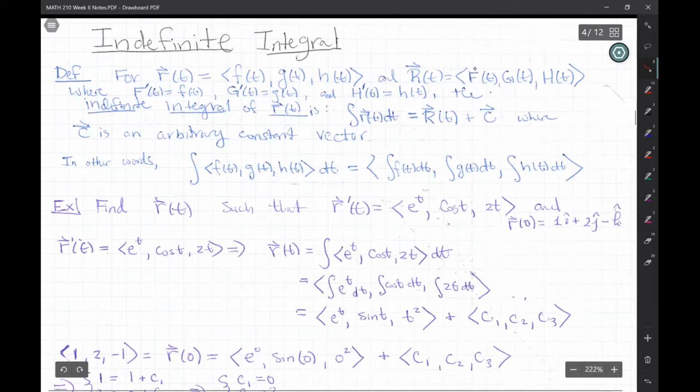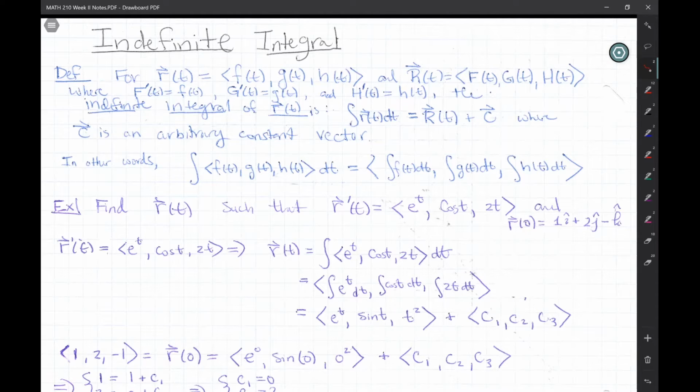Well, capital F of t is the antiderivative of lowercase f. Okay, so F prime will give you f, G prime will give you g, and H prime will give you lowercase h.